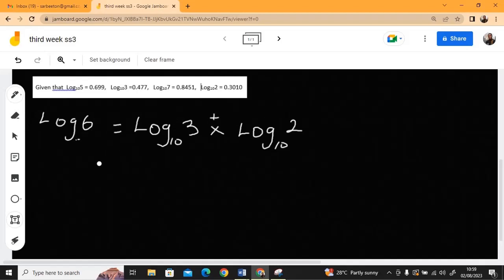So your final answer here is log base 10 of 3, which when you check is 0.477, plus log base 10 of 2, which when you check is 0.3010. So when you add them up together, 0.477 plus 0.3010, you get 0.778.